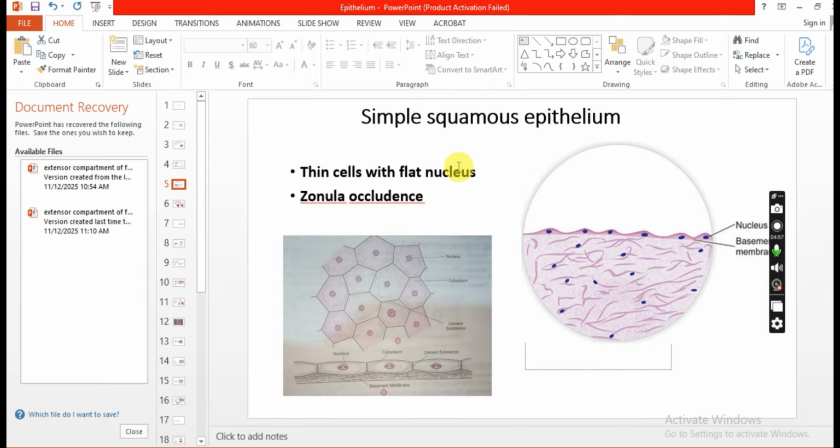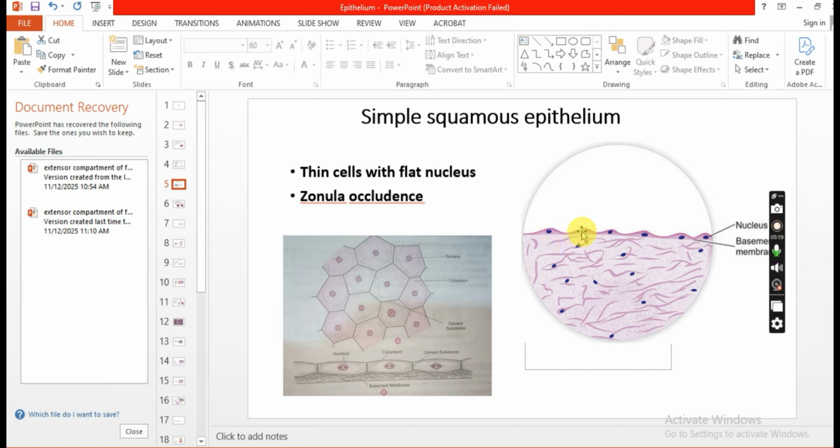So let's see where you have the simple squamous epithelium. Single layer of cells, simple. Squamous means the cells are thin and flat. Here you can see the simple squamous cells, with thin and tapering ends, a small amount of cytoplasm, and thin, flat nuclei.